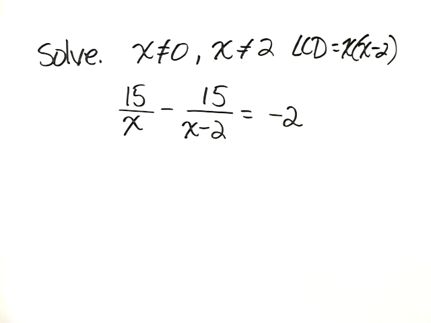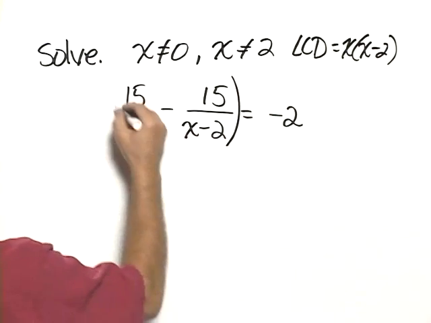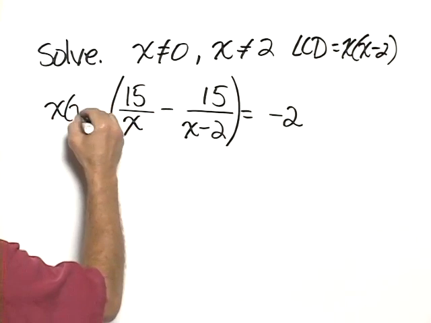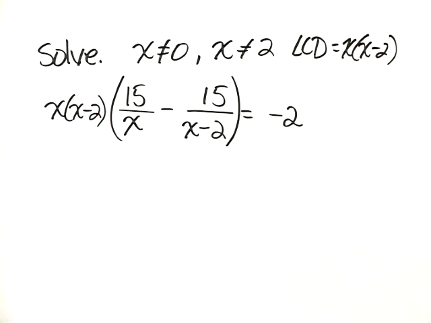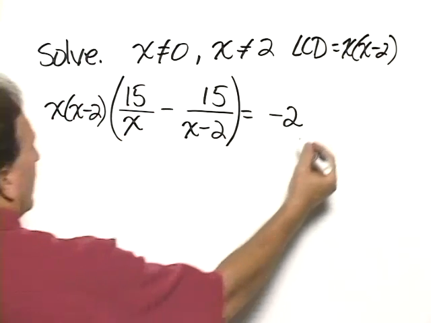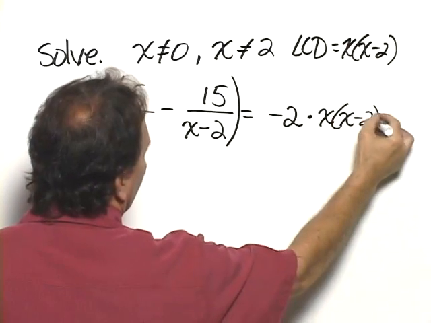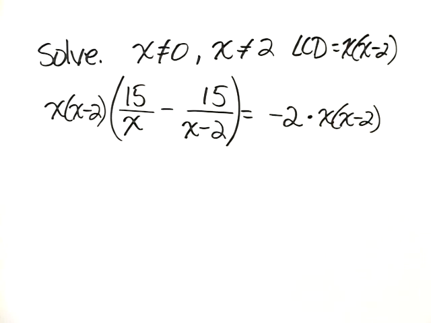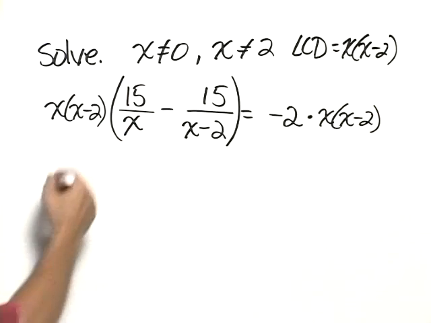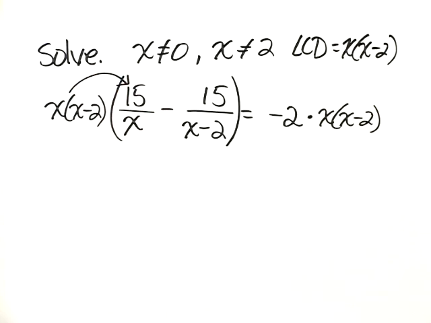The next step for us is to multiply both sides of the equation by the LCD, x times x minus 2 on the left-hand side, and then also on the right-hand side. On the left-hand side, we must distribute.